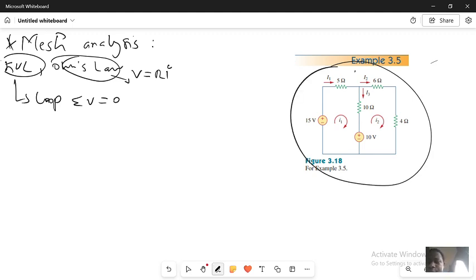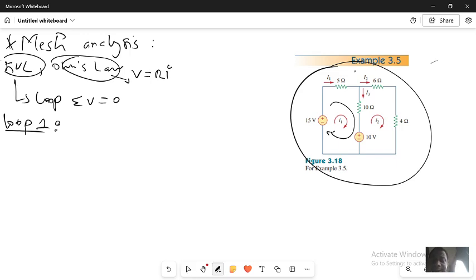I have this loop. We have to put the arrow of the current in this loop, and we have another loop, loop 2. So in loop 1, we'll use KVL. What the KVL says is that the summation of the voltage in this loop is going to be equal to 0.